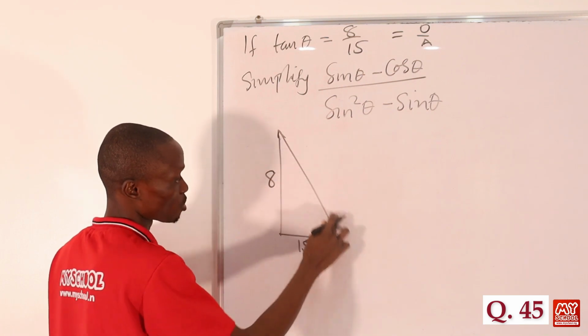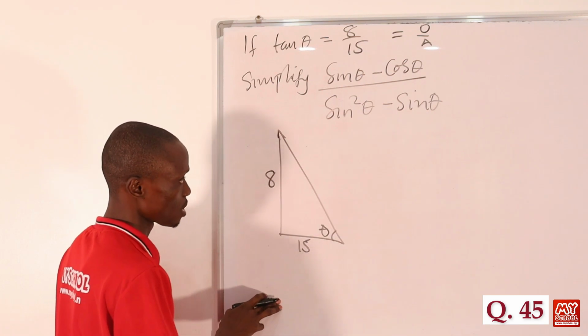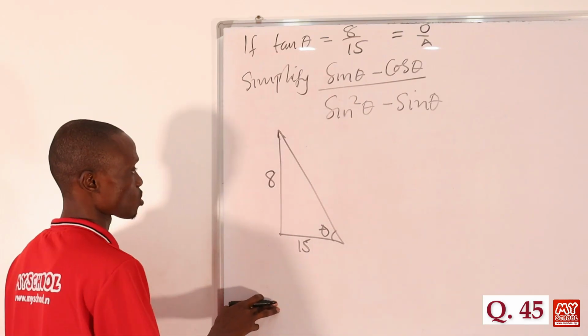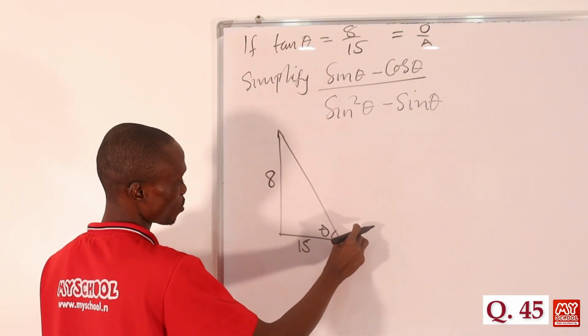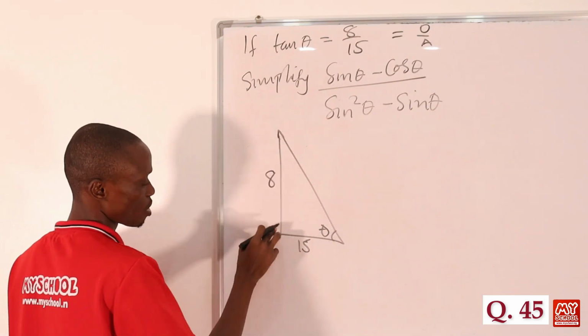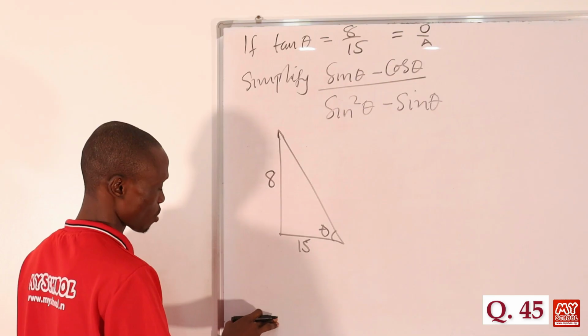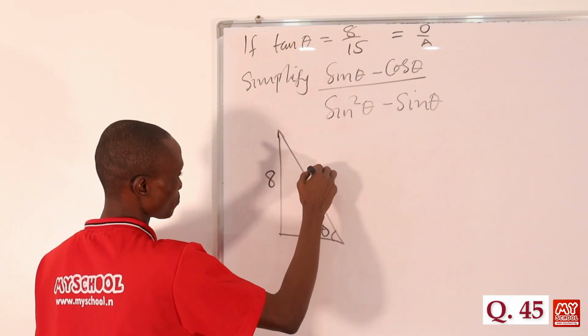So we can simply look for the value of the hypotenuse by using Pythagoras theorem. According to Pythagoras theorem, the square of the hypotenuse is equal to the square of the opposite plus the square of the adjacent. Let's call the hypotenuse s.